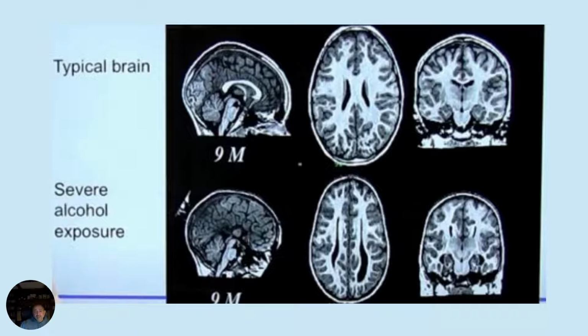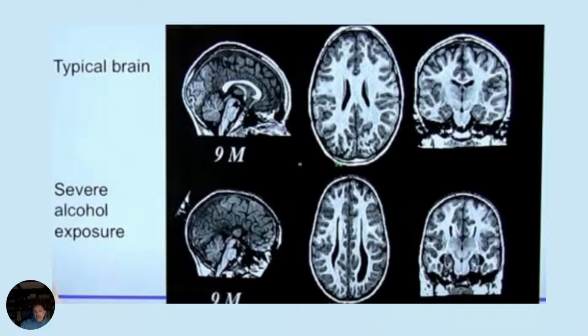Looking at the typical brain, on the top row you're looking at a typical 9 month brain, different images, different scans. But if you look at the 9 month image at the bottom, that image is of someone who had severe alcohol exposure. So a woman who has been drinking a lot, with severe alcohol exposure, there's a difference in the brain growth of the child. If you go across the images, you'll see the difference.